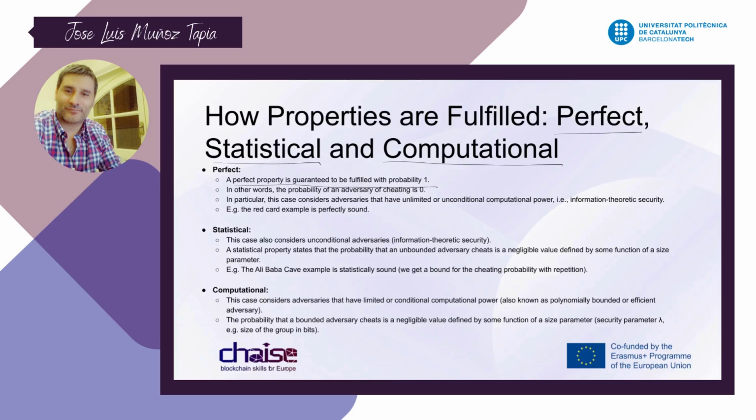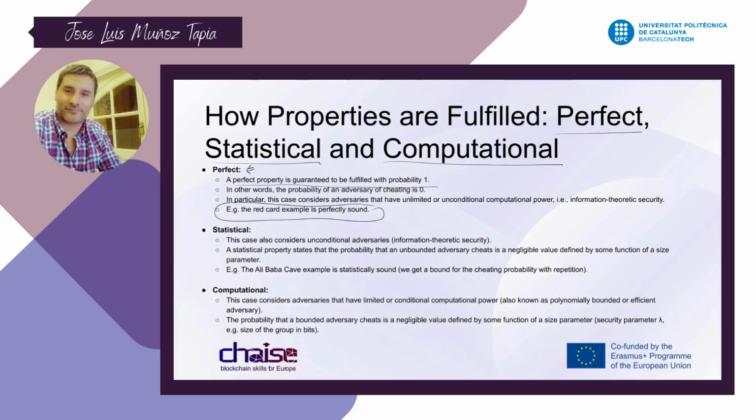For example, the example with the red cards is perfectly sound. When some property is fulfilled always with probability 1, we say that this property is perfect.